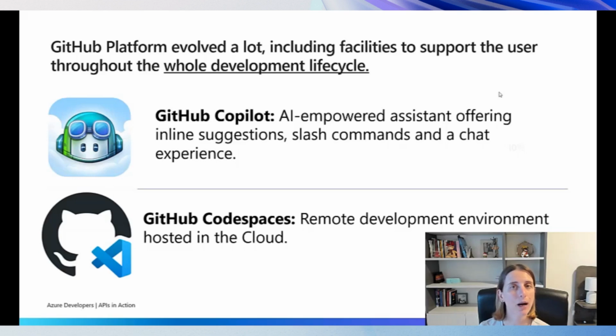Copilot is an AI-empowered assistant embedded into the Visual Studio Code interface, but available also in other text editors and IDEs, and offering inline suggestions as you code in different languages, but also slash commands to accelerate repetitive tasks and the chat experience. It's based on an OpenAI large language model trained on data extracted from a high volume of public GitHub repositories, and it's the most widely used AI developer tool today.